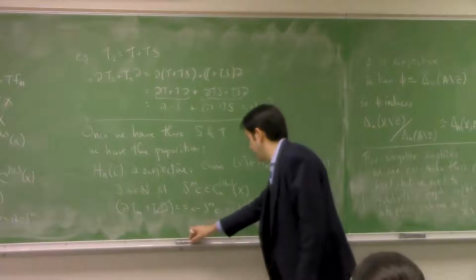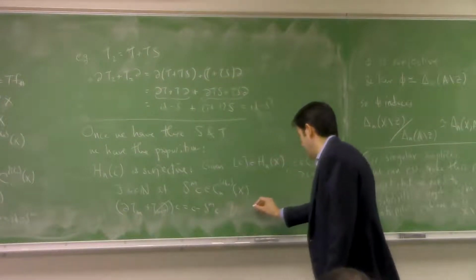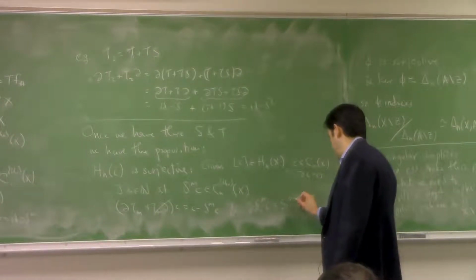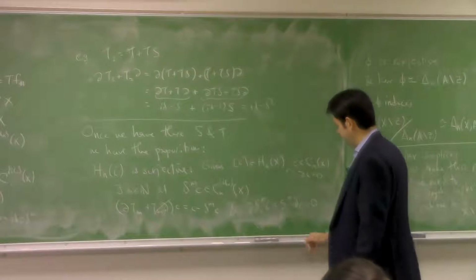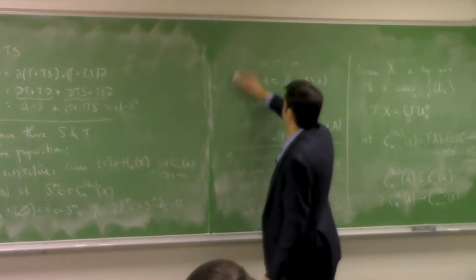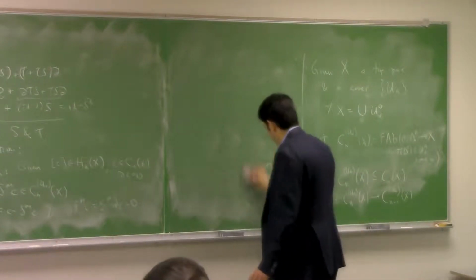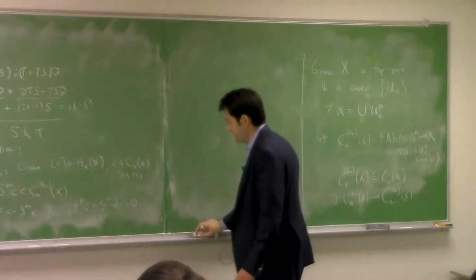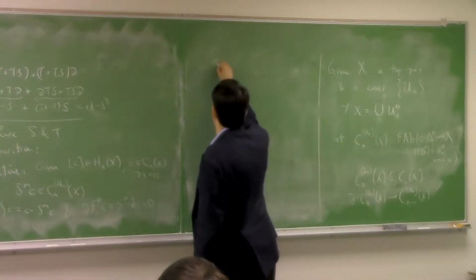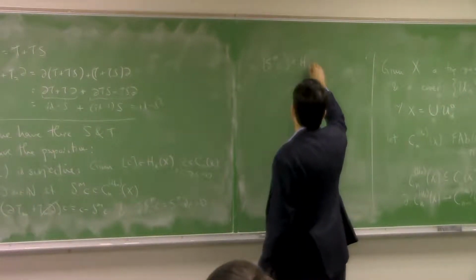Oh, I guess I should have pointed out that boundary of S to the m C is equal to S to the m boundary C is equal to 0. So it is a cycle. This does define a class in here.